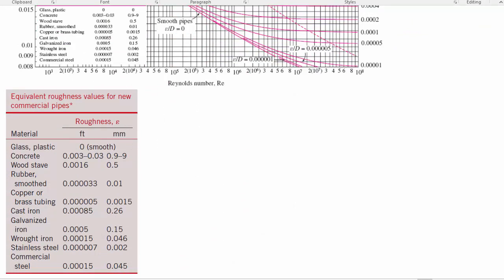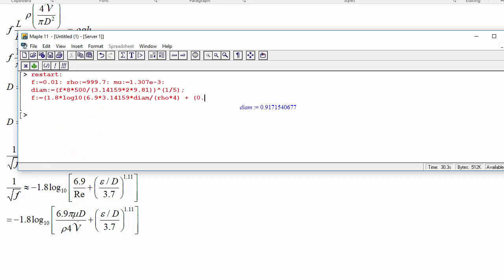Let's remember this is in millimeters. 0.045 E minus 3 divided by the diameter, and then divided by 3.7. Maple's order of operations will put this on the denominator of that whole equation to the power of 1.11. And there's our next f guess, perhaps.